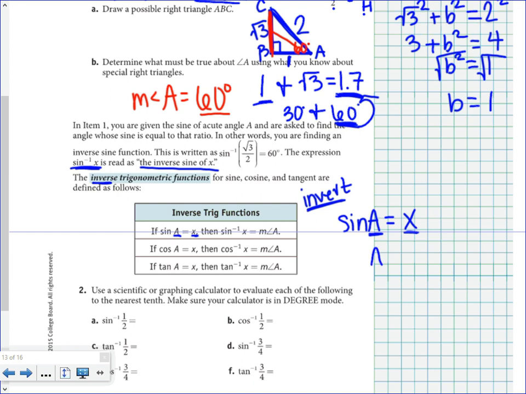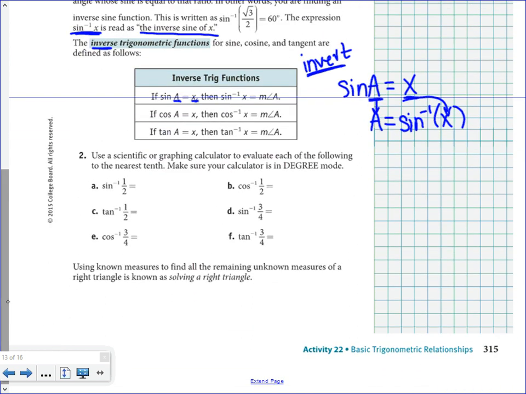And so what I do is write A equals the sine inverse of x, so that my A comes down and my x comes down. You're not going to be dividing by sine or by cosine or by tangent. You're just switching your x and your A. So we are going to use our calculator to evaluate each of these to the nearest tenth.